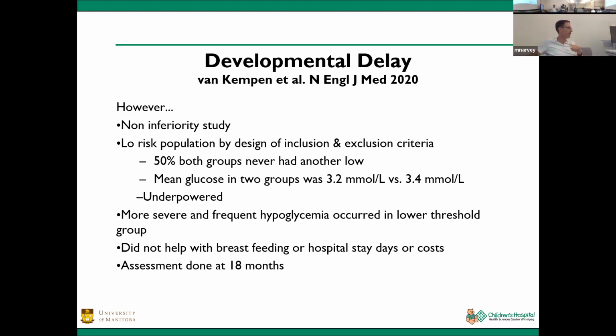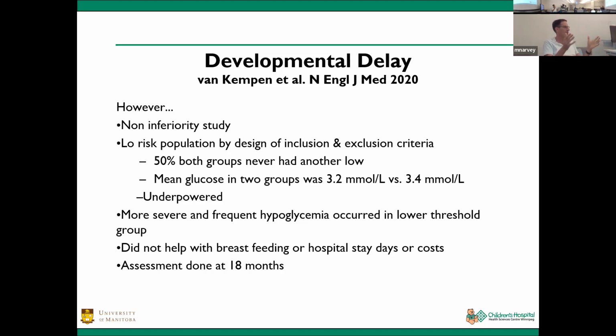So what they actually showed here was that if you pick babies that are very unlikely to have hypoglycemia repeatedly, and you use different thresholds, but they don't have hypoglycemia, their outcomes are the same. So they didn't actually show that babies who have 4 episodes under 2 versus 4 episodes under 2.6 are the same.